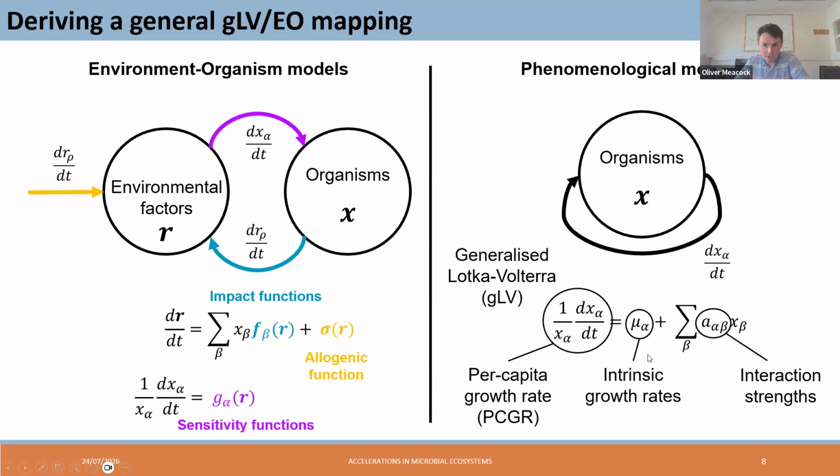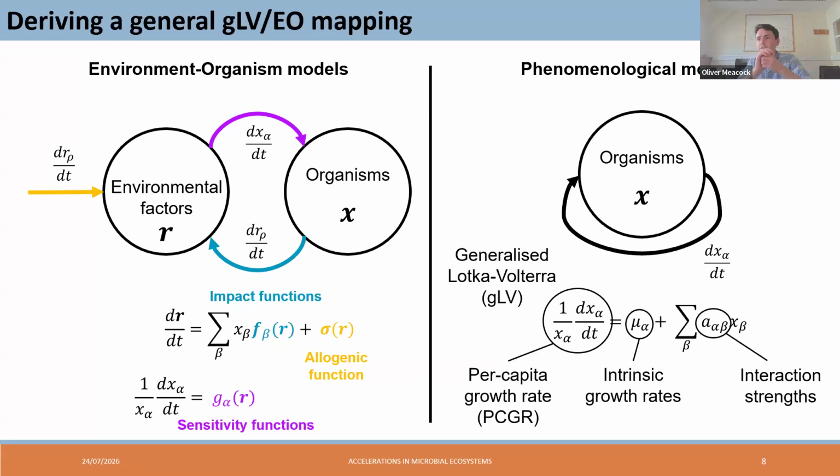Again, that's a kind of obvious question to ask, and people have been doing that for a long time. So MacArthur did this in 1970. He basically showed that for one specific model of this type, you can do some algebra, combine your components together, and you can derive something that ends up looking like Lotka-Volterra. And that gives you then your understanding of how those interaction mechanisms give rise to these processes.